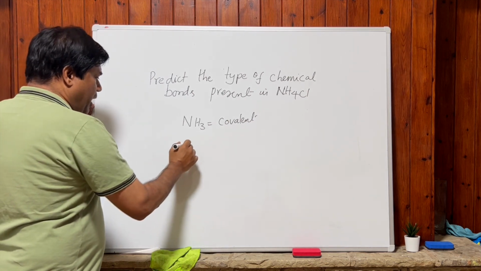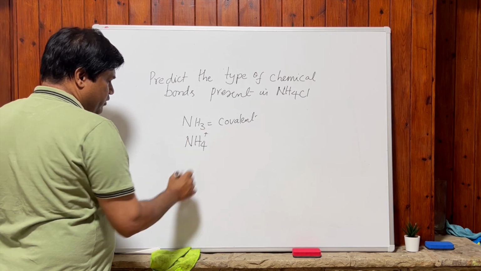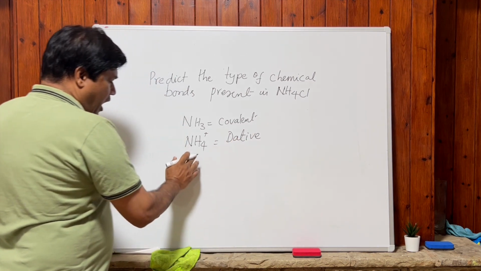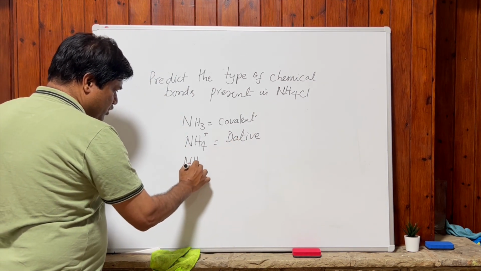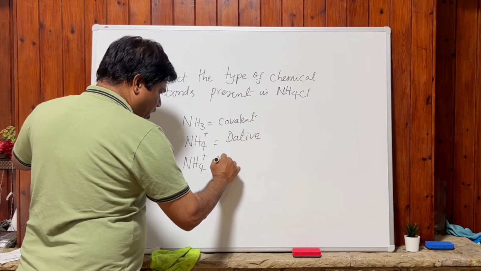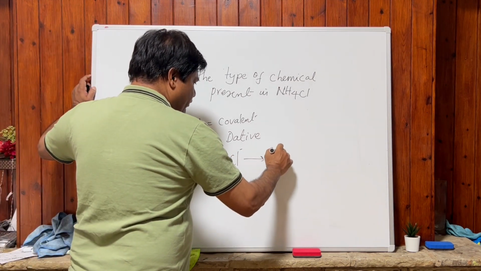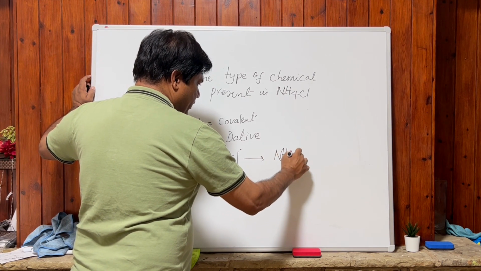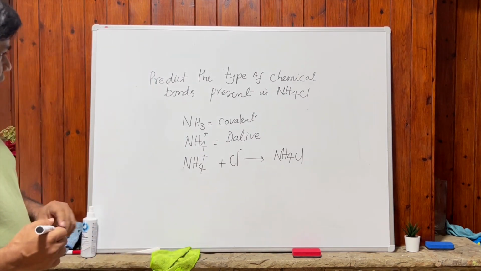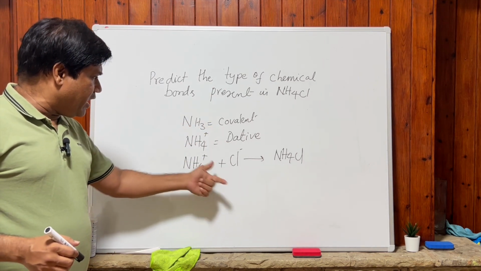Ammonia makes the ammonium ion, just now we have done with the help of a dative bond. This is dative or coordinate covalent. Ammonium ion, NH4 plus. The plus charge is not on the hydrogen, it's overall. Combined with Cl minus, it makes ammonium chloride, which has ionic bonding. So it has all three, guys. I like this example. This example has all three different types of bonding: covalent, dative, and ionic.